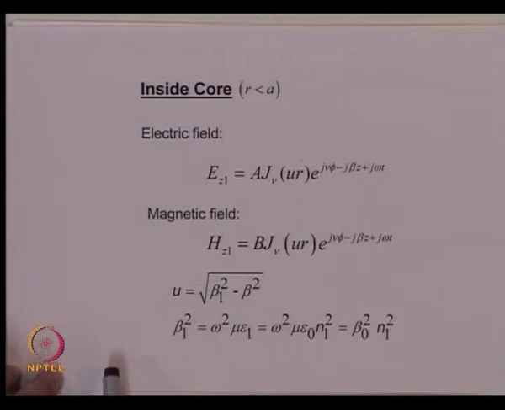If you assume an infinite medium of refractive index N1, and ask what the phase constant of a wave in that medium would be, that is beta 1. So, beta 1 square is beta naught square multiplied by N1 square, where beta naught is the phase constant of a wave in vacuum.